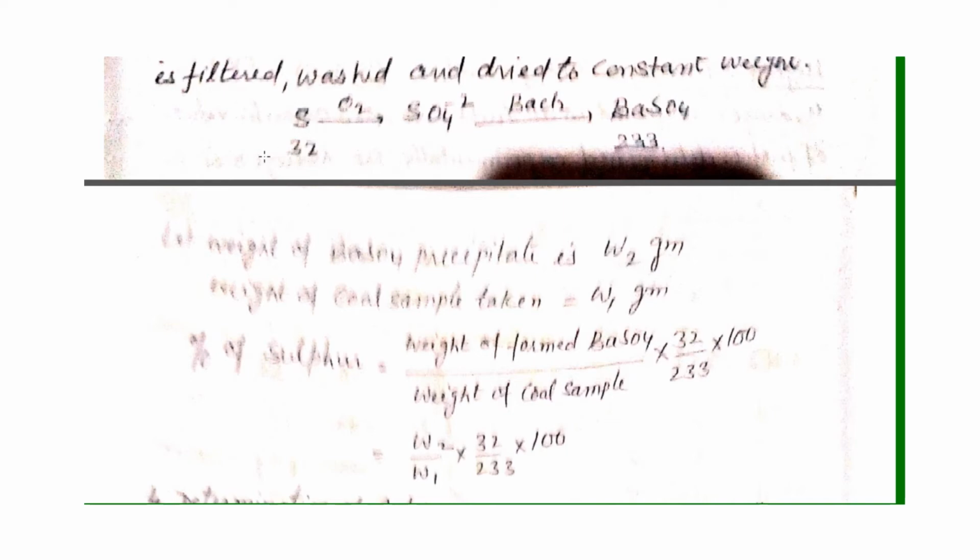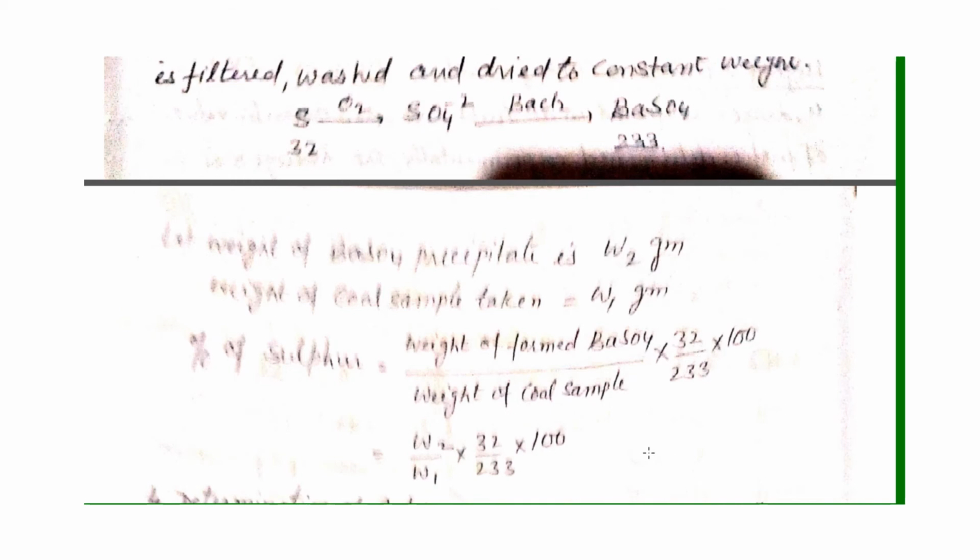So 32 gram of sulfur is converted into 233 gram of BaSO4. That's why it is 32 upon 233: 233 gram of barium sulfate forms from 32 gram of sulfur. So percentage of sulfur is 32 by 233 into 100.